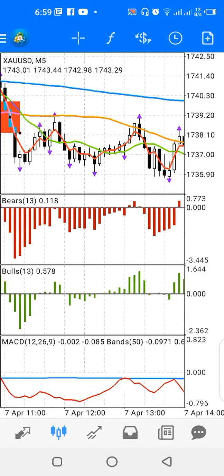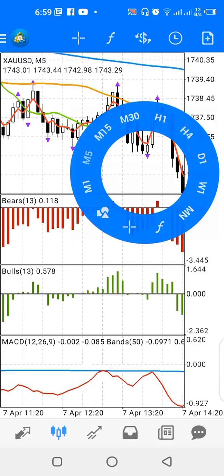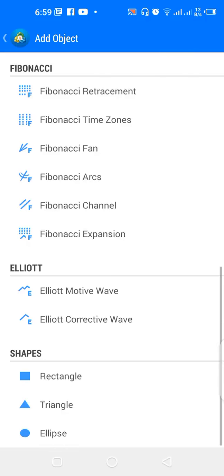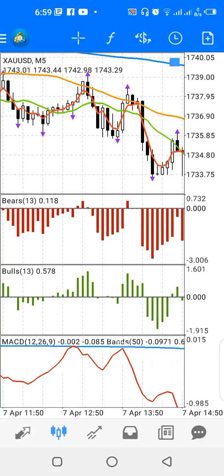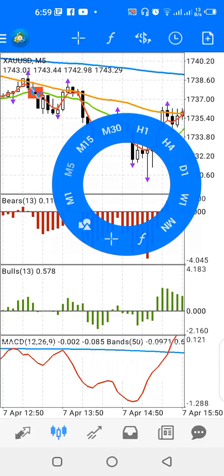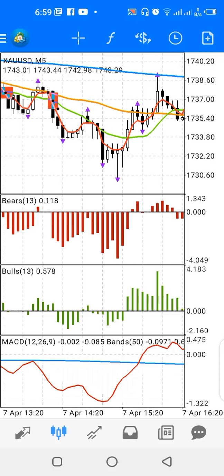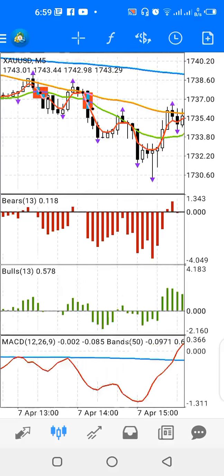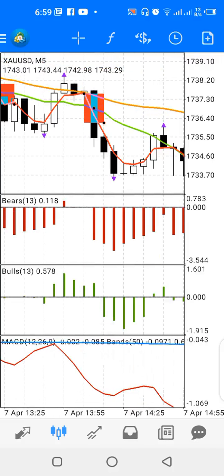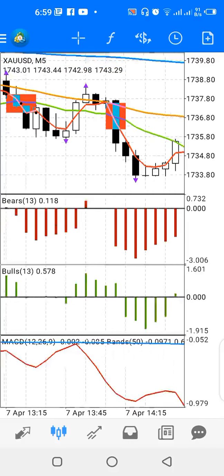Start to sell. Okay, this is a good point to sell. Just a few pips. Scalp sell, scalp sell. Okay, so that's basically how to use this strategy.